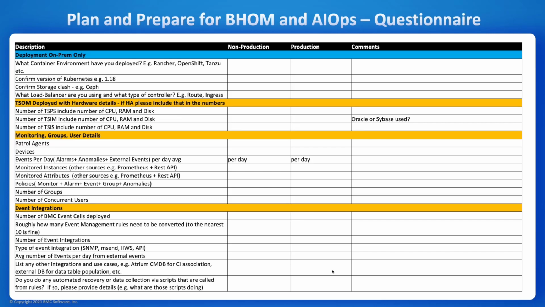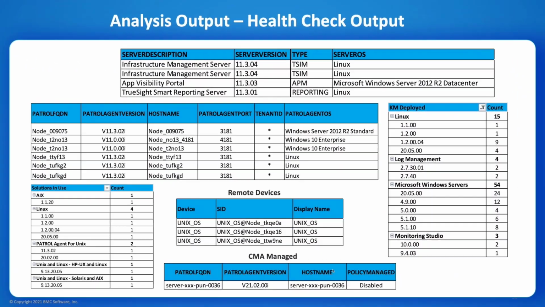We also have questions about the installation environment. If the customer wants to install Helix on-premise, it has to have certain prerequisites, like what Kubernetes version are you using, stuff like that. This is the stuff we collect with the questionnaire. We ask the customer to run the health check utility in its latest version, so that we get information about the environment.